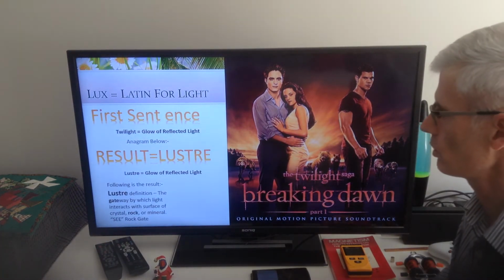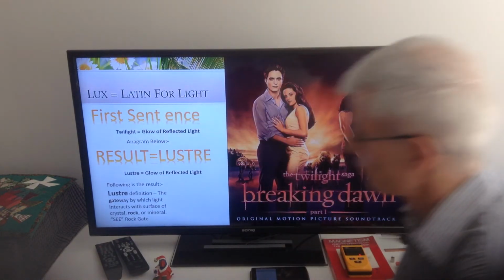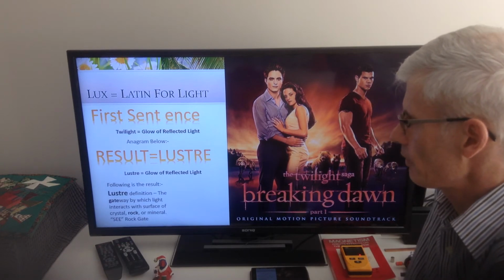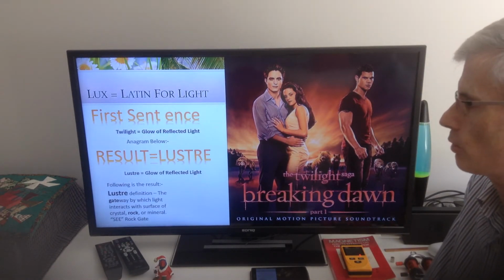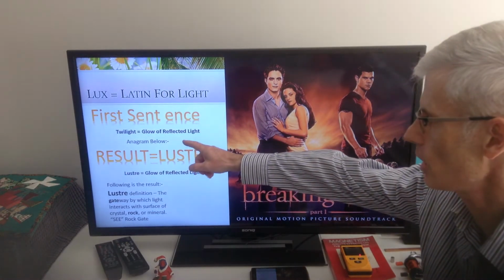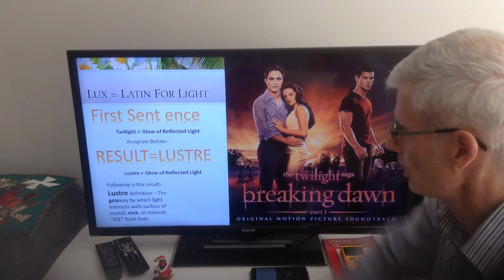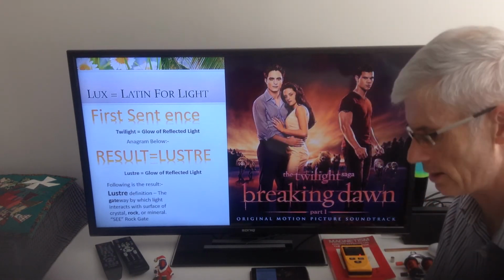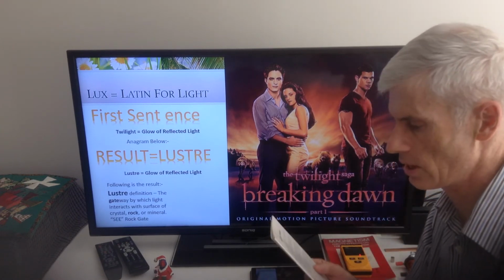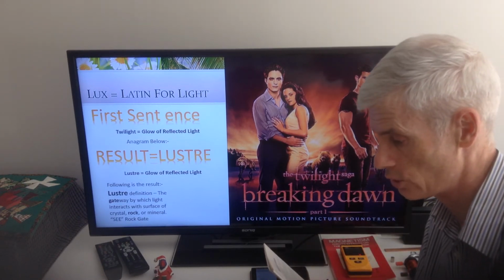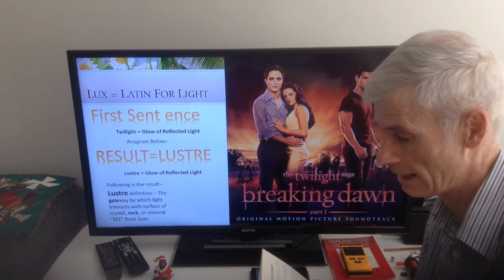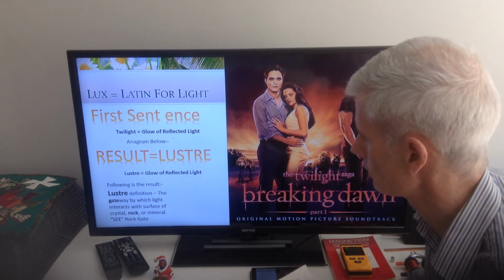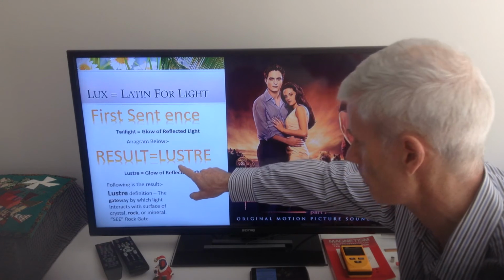The other thing I've noticed is on the third page of Magnetic Current, the light aspect to it. The first sentence, like we did in code before, twilight means the glow of reflected light. And when we read a line which said, the following is the result of my 2 years experiment with magnets at Rock Gate, if we focus on the result and make an anagram of result, we get luster.